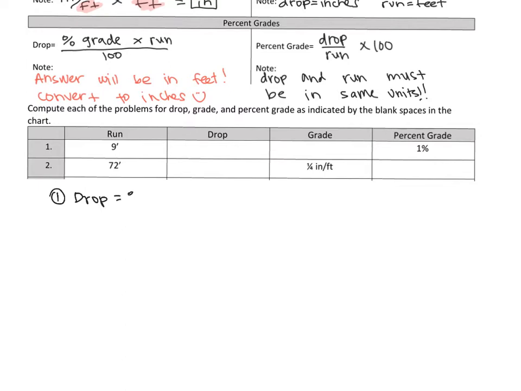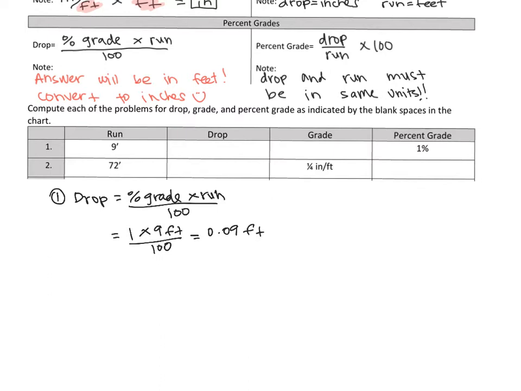So drop equals percent grade times the run divided by 100. So it's going to equal the percent grade, which is 1, times the run, which is 9 feet, all divided by 100. Well, 1 times 9 is 9 feet, and 9 feet divided by 100 is 0.09 feet.